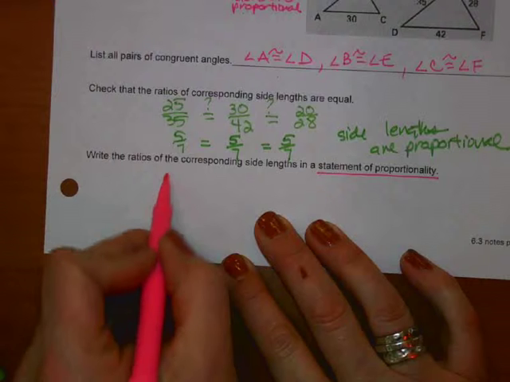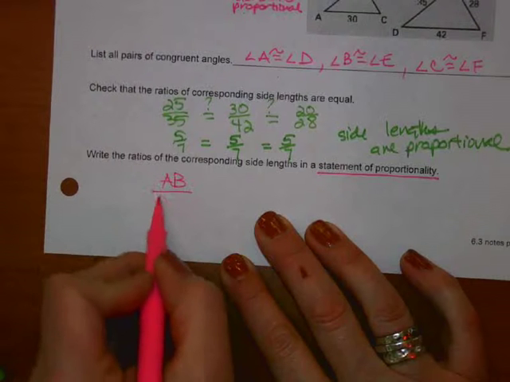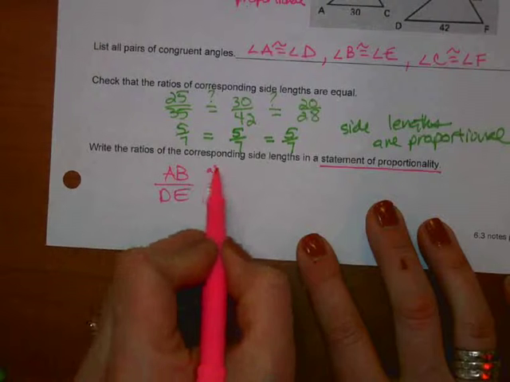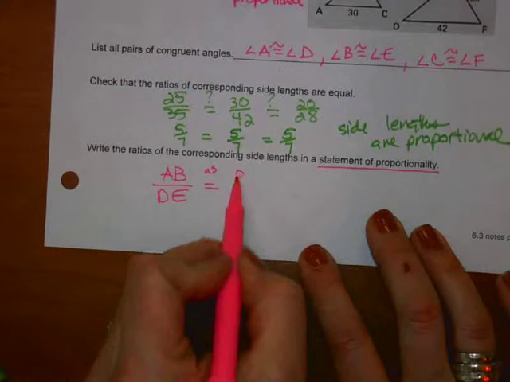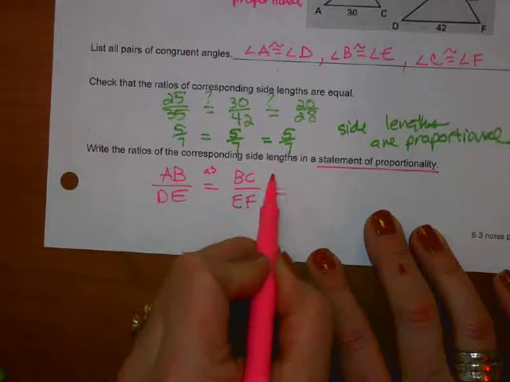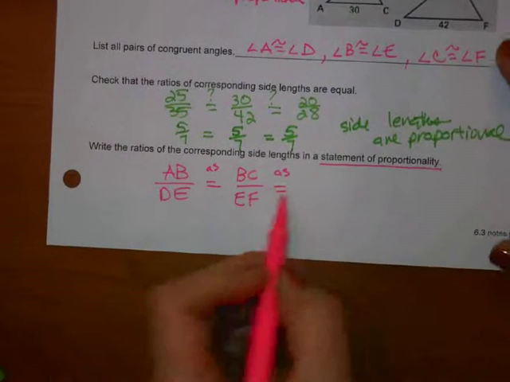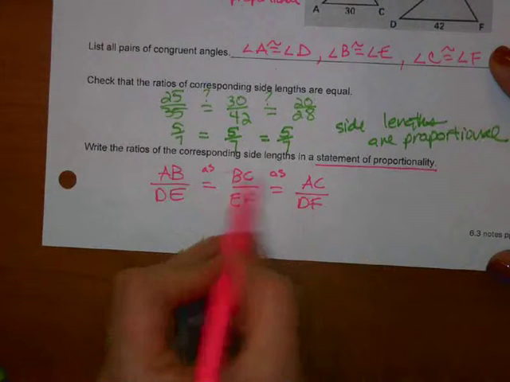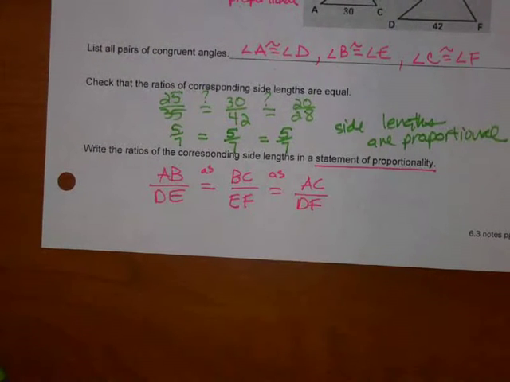We would say AB is to DE as BC is to EF as what? AC is to DF. You don't have to write the word as. I wrote the word as to show you that that's how you say it when you put the equals there, okay?